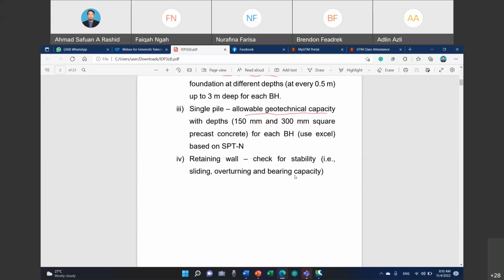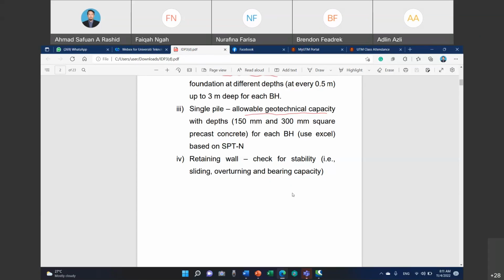At the same time, if there is a sloping area, in order to increase the stability of that particular sloping area, perhaps you can provide a retaining wall. Then at the same time, you need to check for the stability, including the sliding, overturning and bearing capacity.